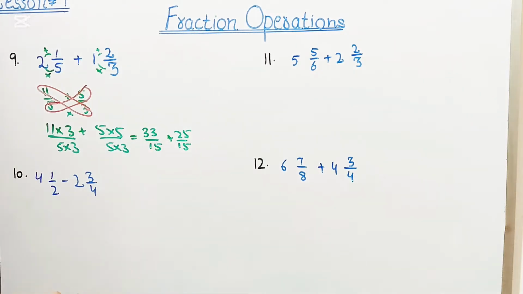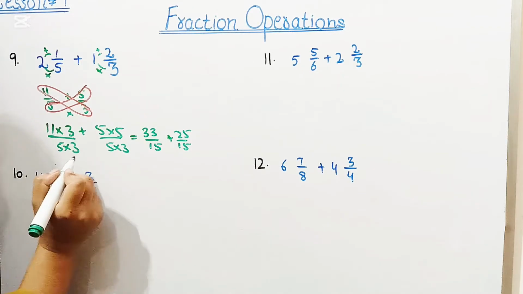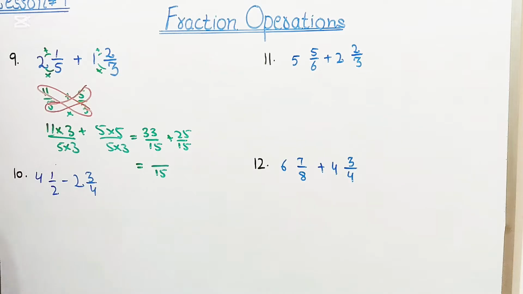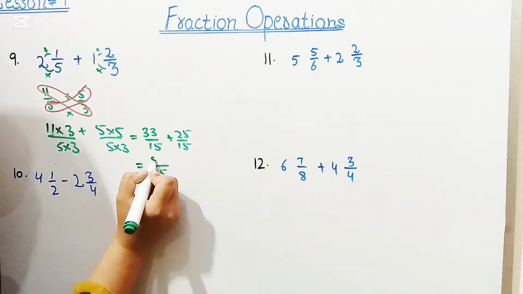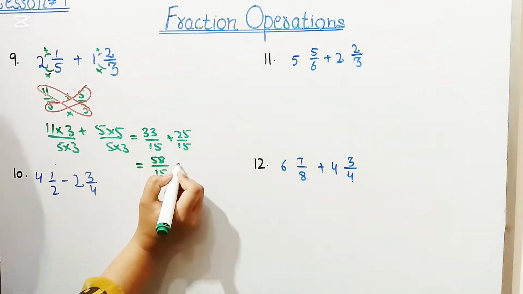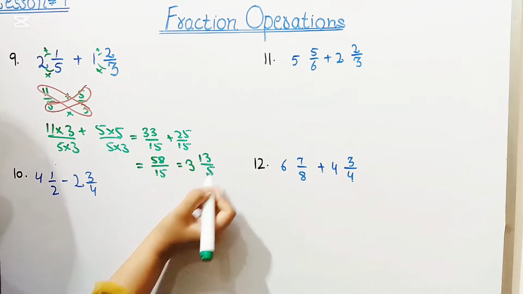We find the same denominators. Now we add them. When we add 33 plus 25, 58. Now when we divide, my answer is 3 into 13 over 15.